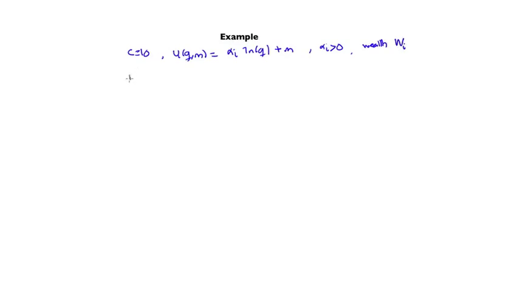And also suppose that there are 10 firms, just for the sake of example, and each firm has a cost function of β_j q², again with β_j greater than 0.